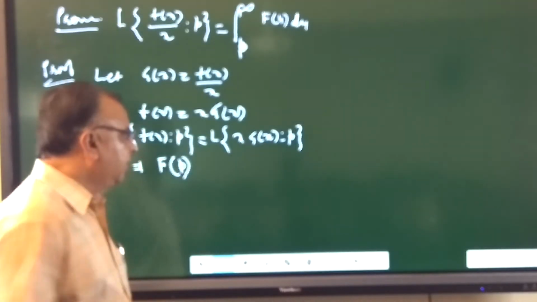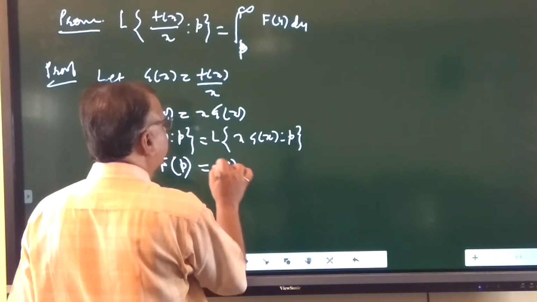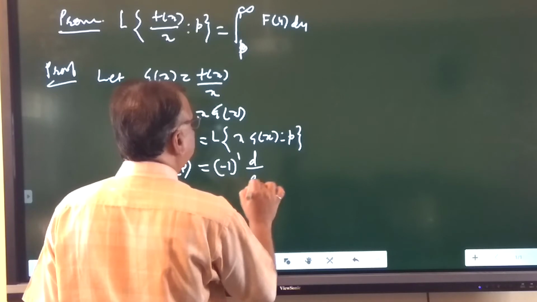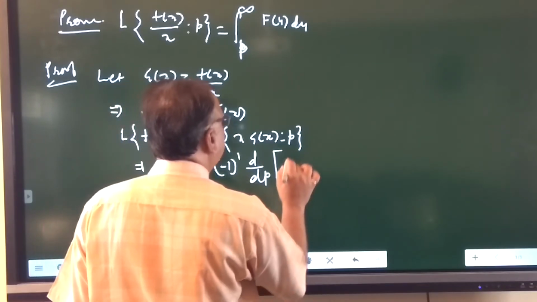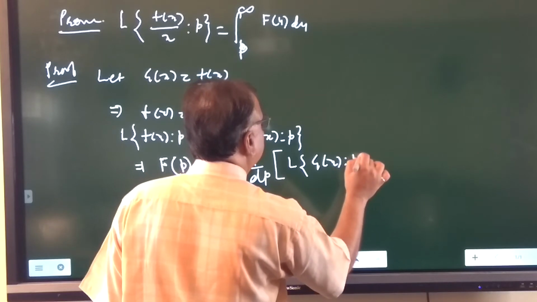we know that this is equal to (-1) raised to 1, d by dp of the Laplace transformation of g(x) with respect to p.